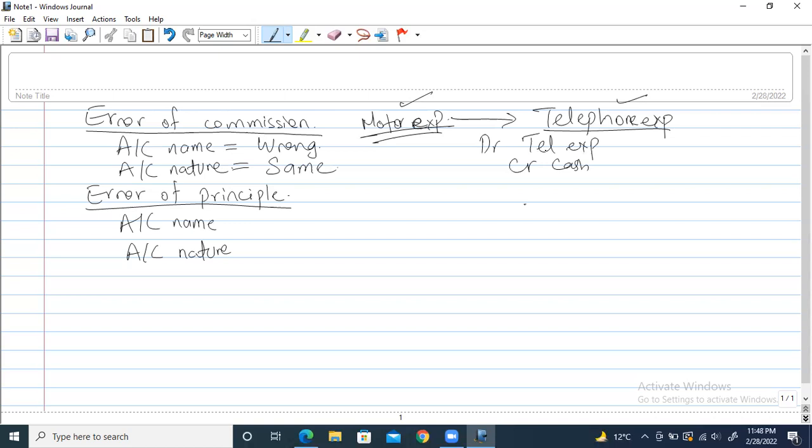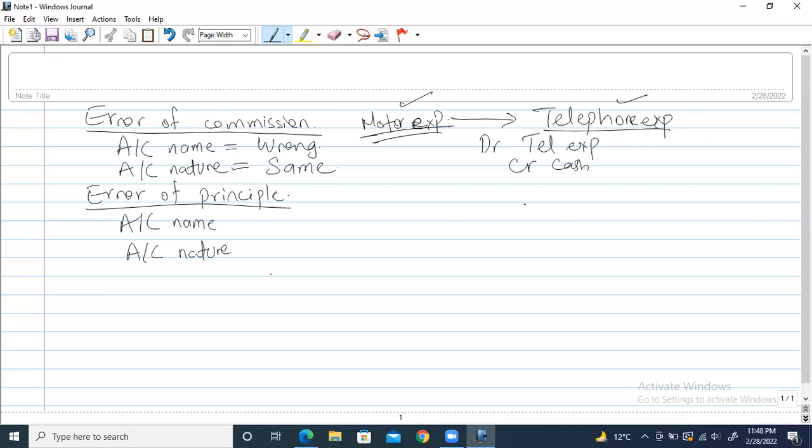Cash is deducted from both and expense is also increased, but the wrong name has been debited. So the trial balance will not pick up this mistake, because it will think that debit and credit are equal. This is error of commission, in which the trial balance will know nothing. It will just say debits are equal to credit, but in actual there is a mistake existing over here.